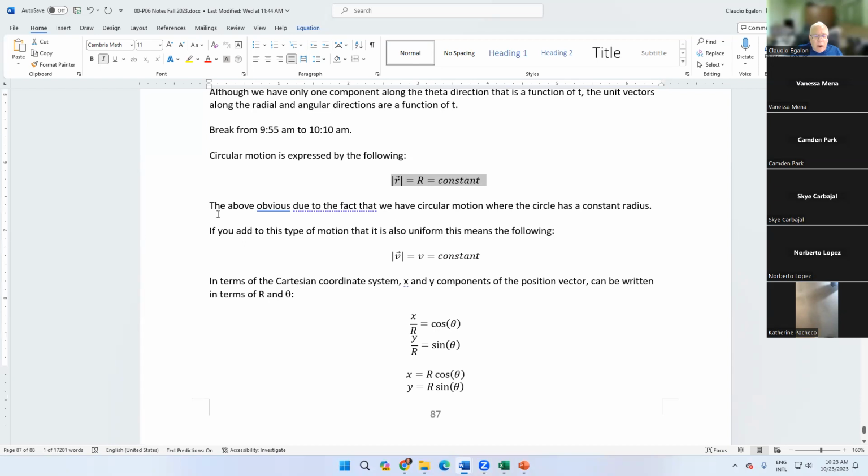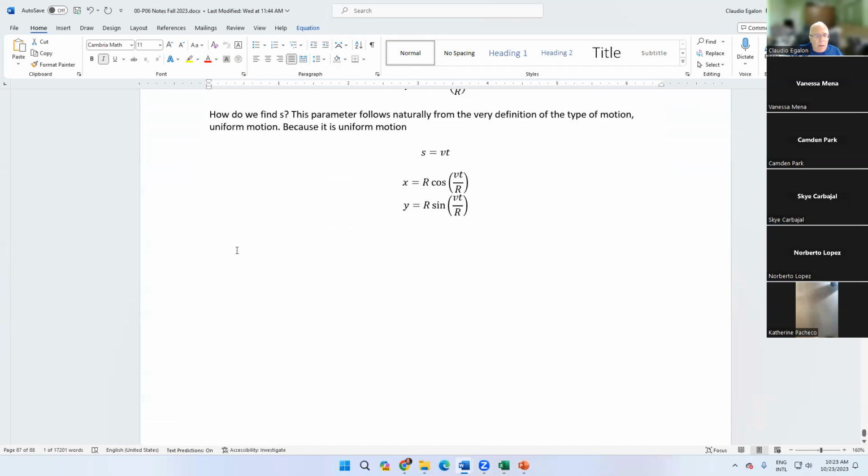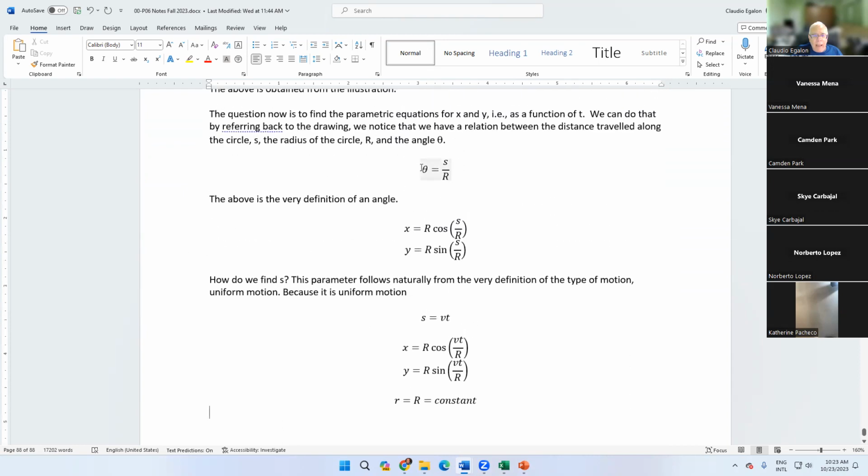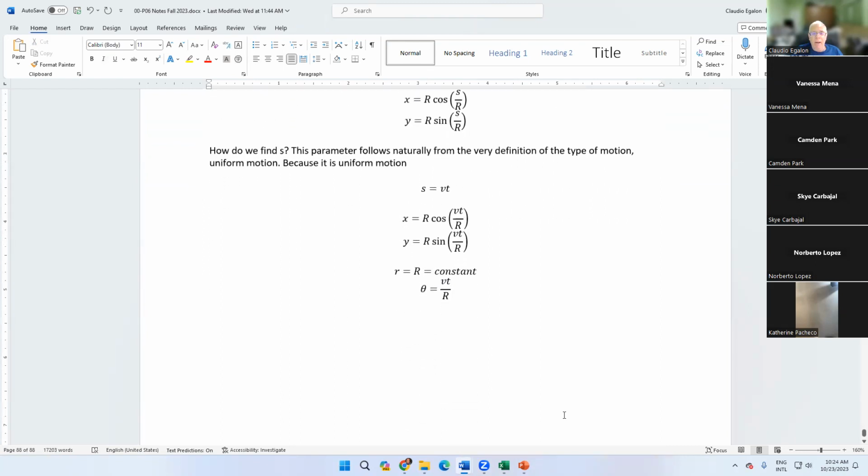Here you go. The coordinate R is going to be equal to R, which is a constant. And the polar coordinate theta, which is this one here, is going to be given by VT over R.